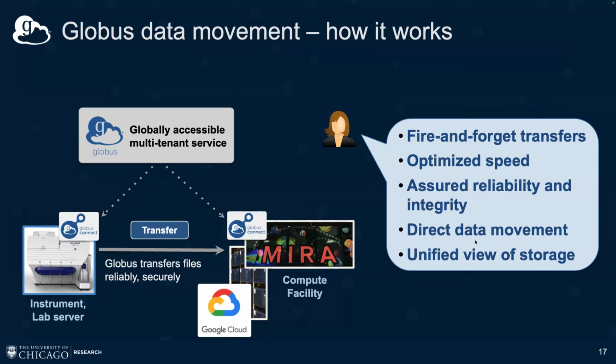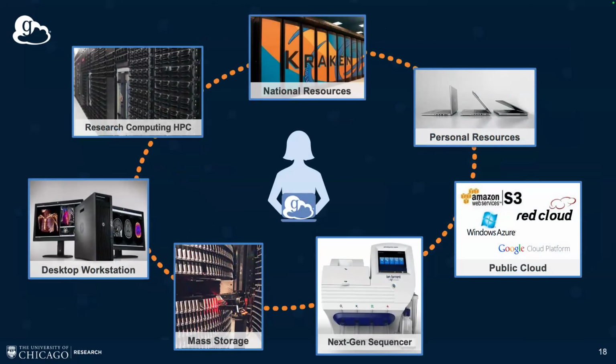Okay, and you also get a unified view of your storage with Globus. What do I mean by that? I mentioned you likely have data across many different types of storage, and each of those has its own ways of authenticating and its own ways of accessing the data. If you use Globus, you don't need to be aware or care about any of those.